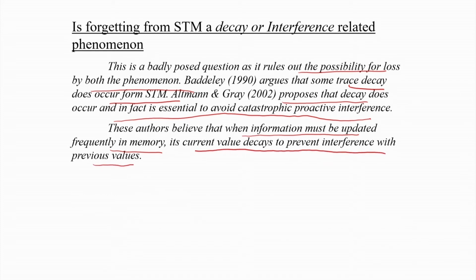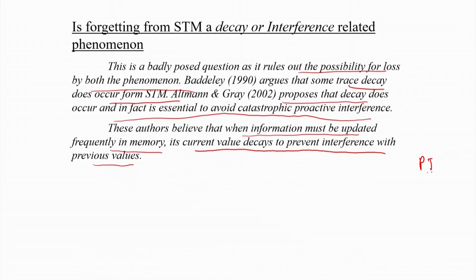Another interesting thing that was looked at is, if interference is the reason why forgetting happens in short term memory, the phenomenon called release from proactive interference. Now, as we saw in the Keppel and Underwood study, it was proactive interference which was the reason why forgetting happened in the one word item.